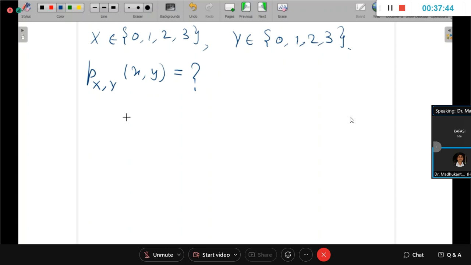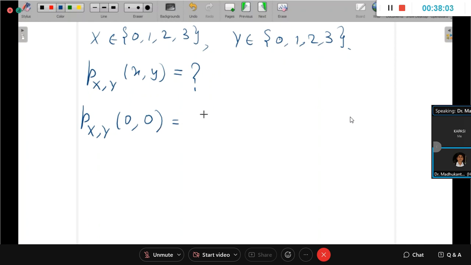Let's look at the first, x is 0 and y is 0. All the possible pairs you can make, I'm going to discuss one by one up to some extent.